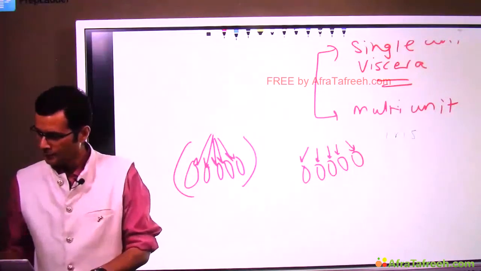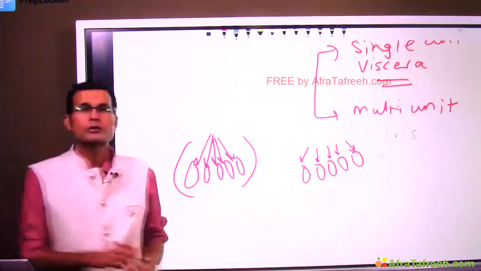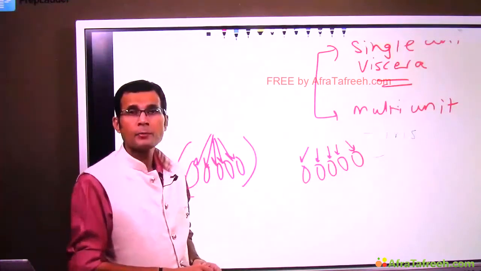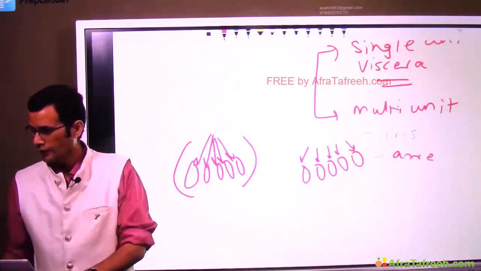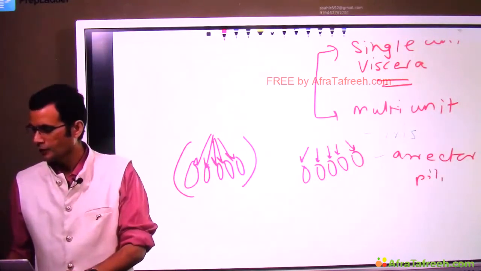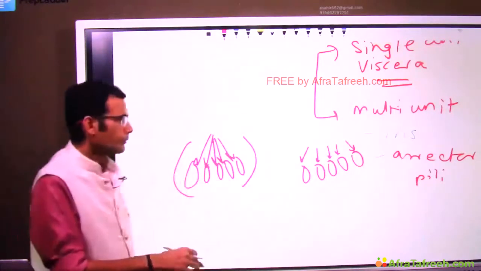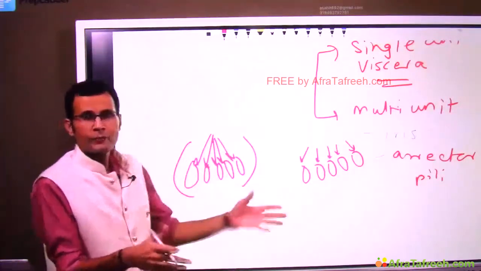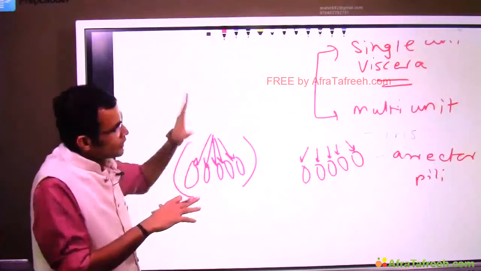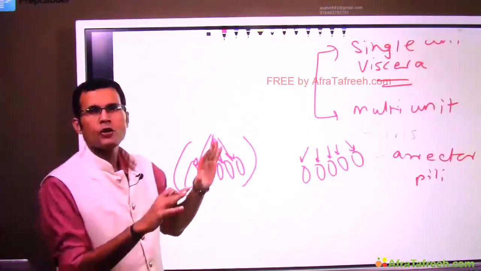Iris, then arrector pili muscle, the muscle that is responsible for goosebumps. Then the blood vessels also have this type of smooth muscle. So these are the two types of smooth muscle.